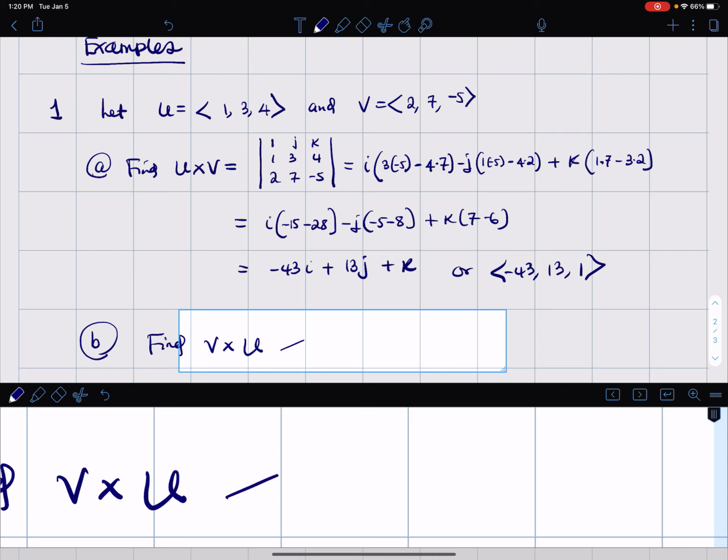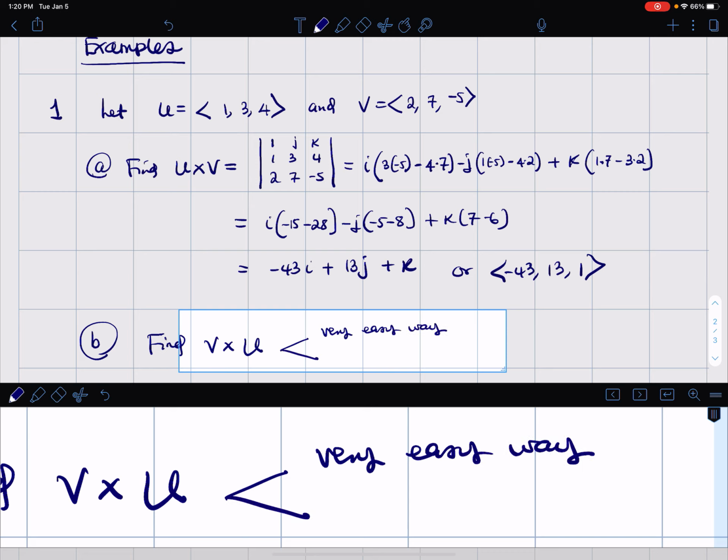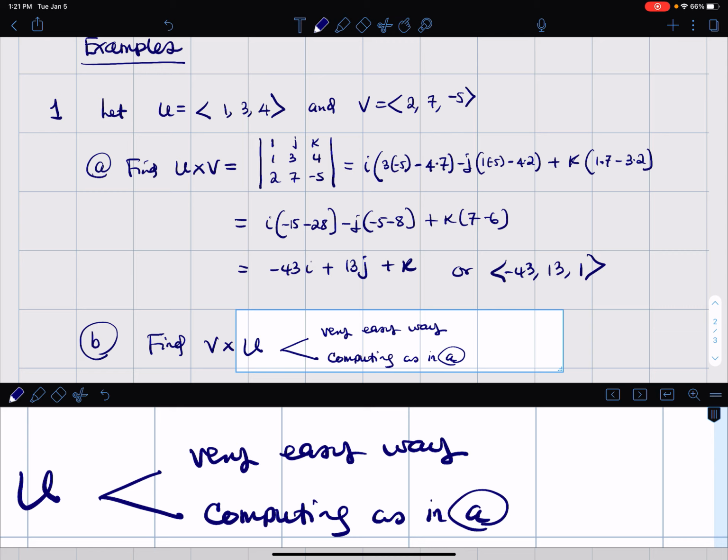There's a very easy way, and then the same method as in A. I want you to try both ways.